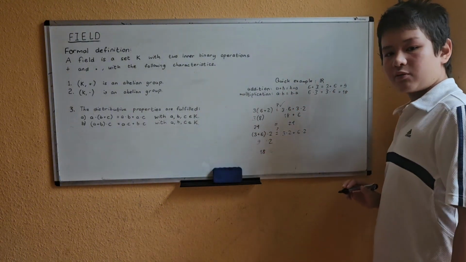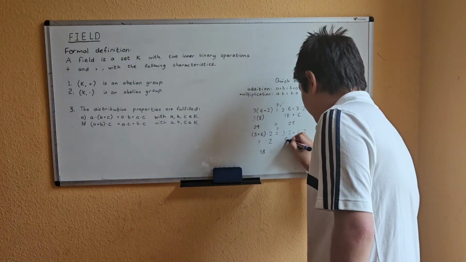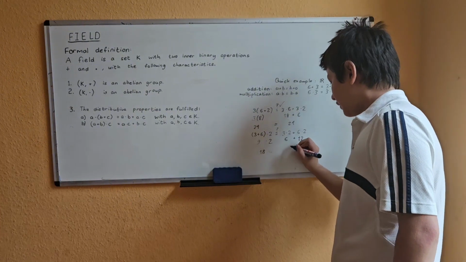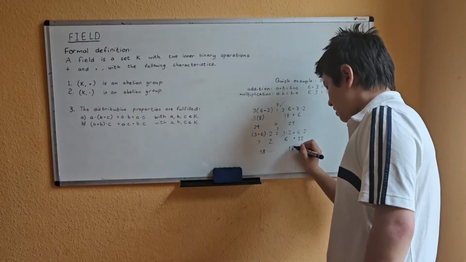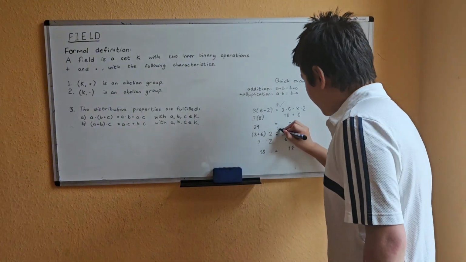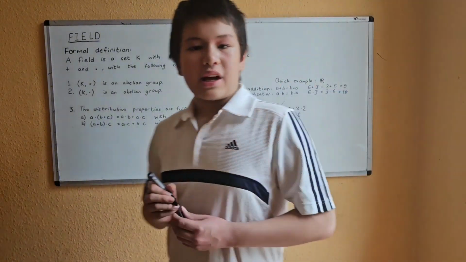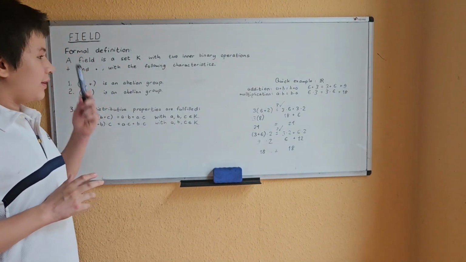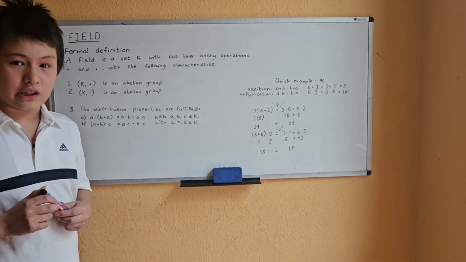And on the right side, we have 3 times 2, 6, plus 6 times 2, that's 12, and that's also 18. So these two equal each other, and this holds. So that was just another quick example to show that R is a field.